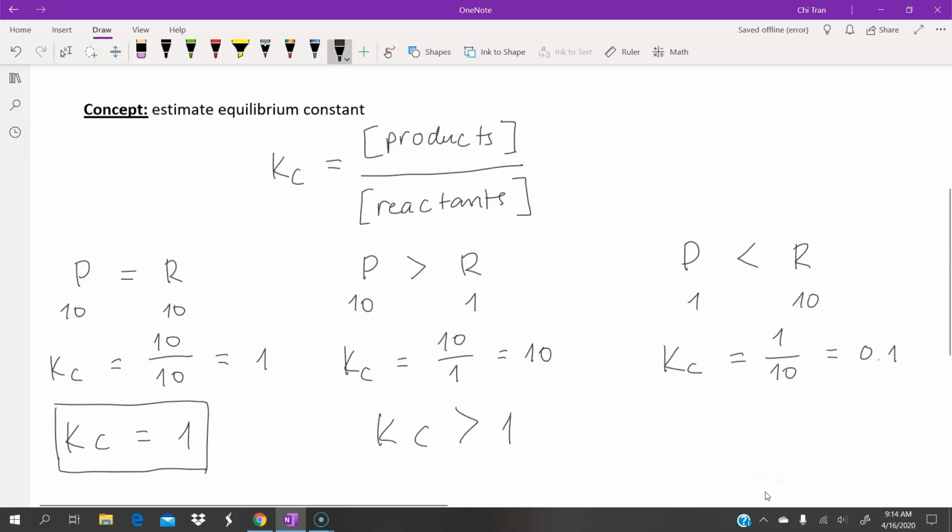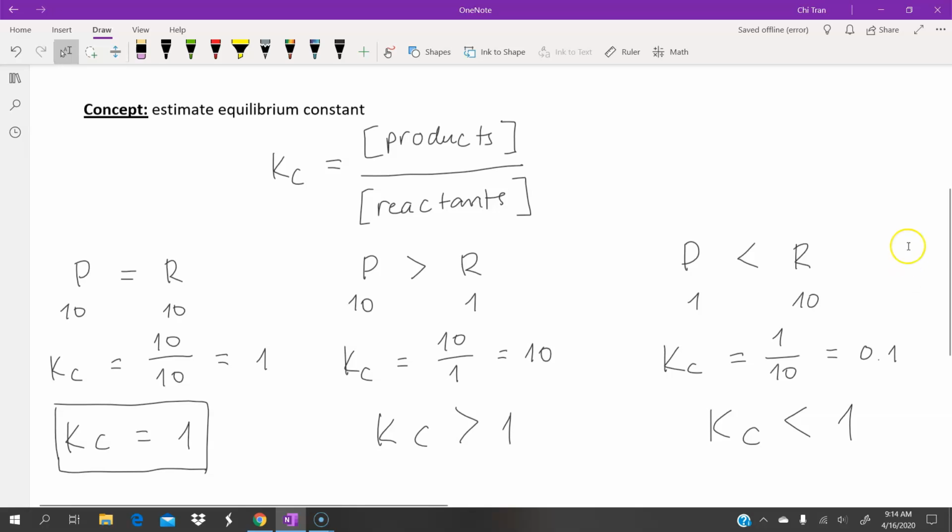And for this example, you can see it's a decimal value, and the greater number, which is reactants, will always be at the bottom. So it always gives us a fraction. So Kc will always be smaller than 1.